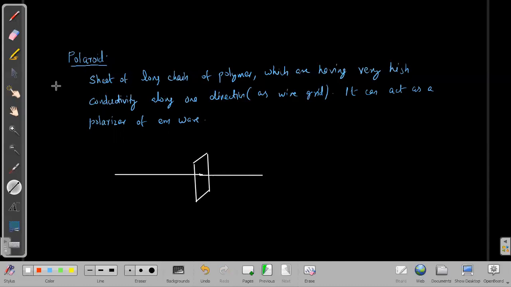The polarizer can be a polaroid. So this is an unpolarized electromagnetic wave, and we will get a polarized electromagnetic wave.